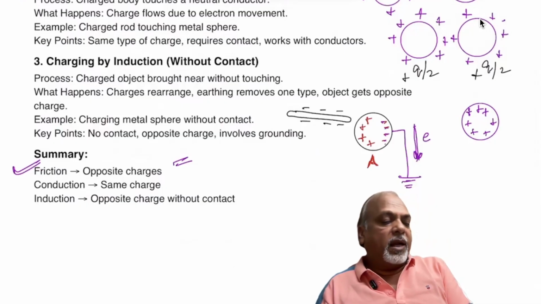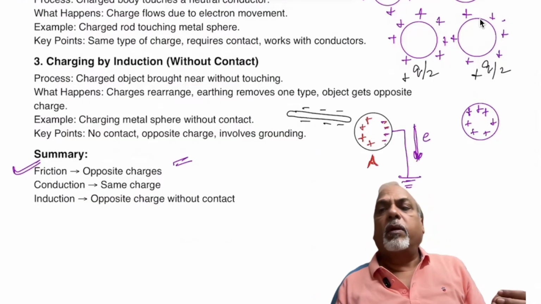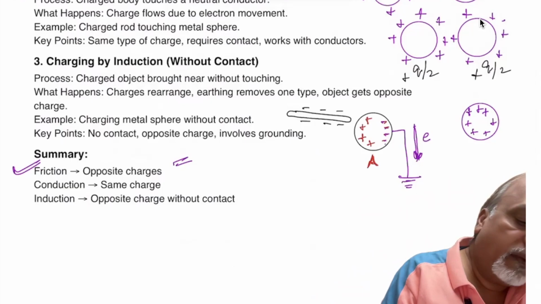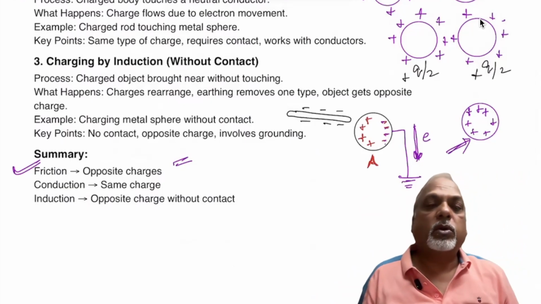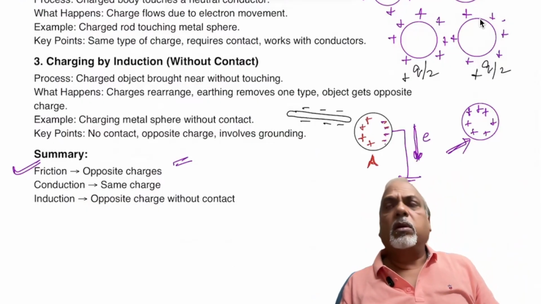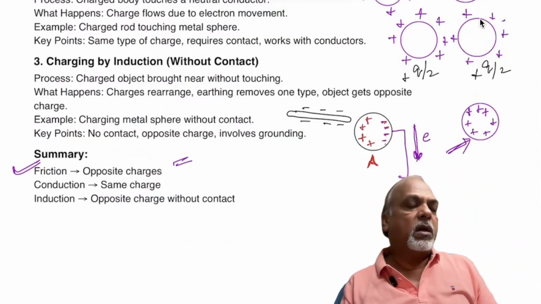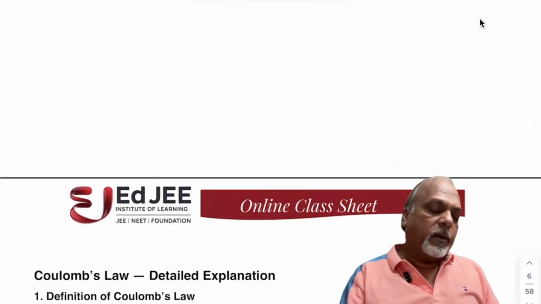Due to induction, you will have opposite charges without touching. Like the rod is negative, and here the body has now become positive. So this is how you can charge bodies, and these are the methods of charging. I have given you all three methods one by one with detailed notes. Correct? Now let us go further.